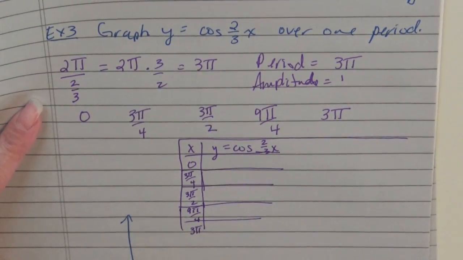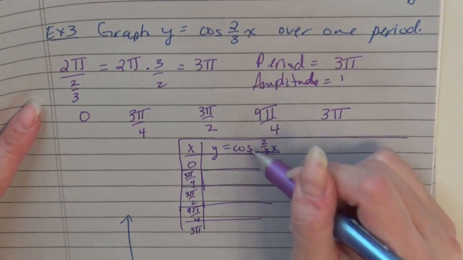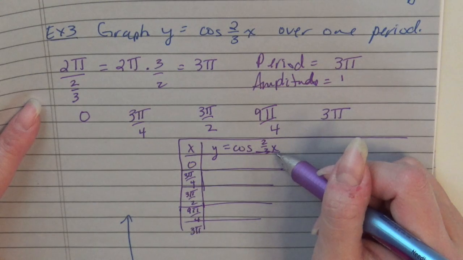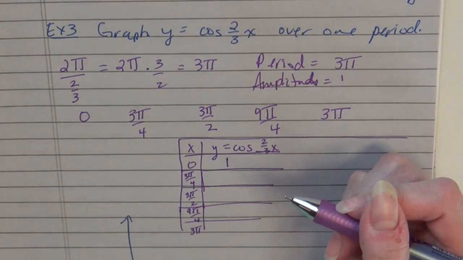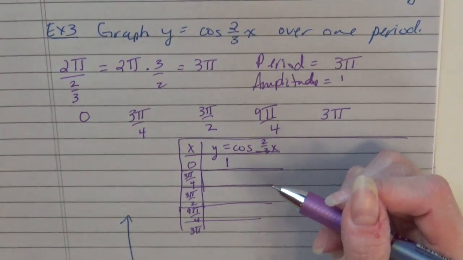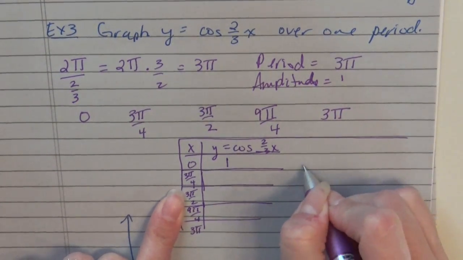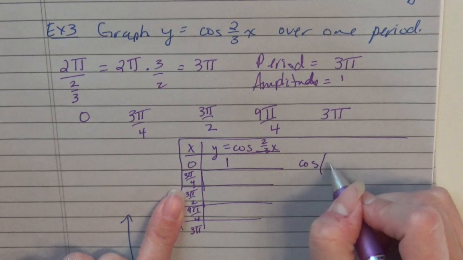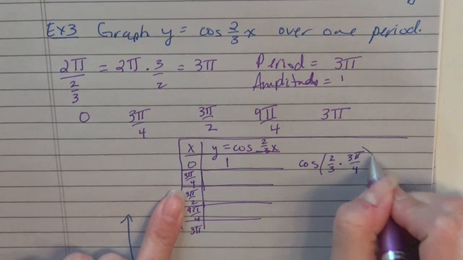Okay, so if we put 0 in for x, that's going to give me cosine of 0. Cosine of 0 is going to give me 1. If I put in 3 pi over 4 for my x, then I've got cosine of 2/3 times 3 pi over 4.